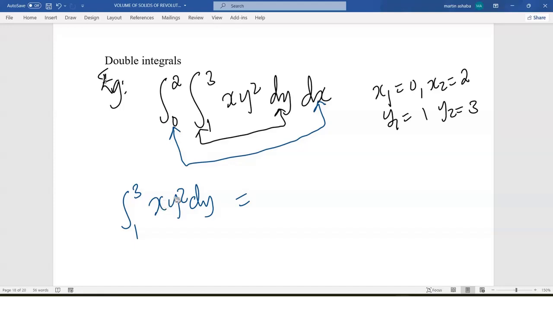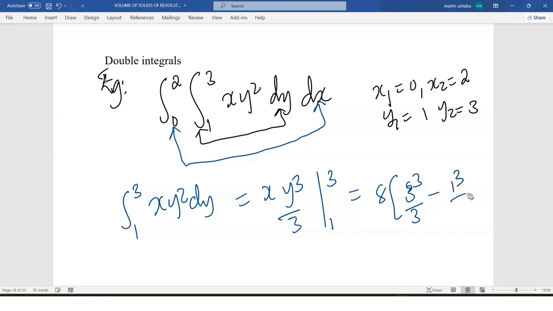I integrate this function x y squared with respect to y, keeping x a constant. So this becomes x y cubed out of 3 from 1 to 3. This becomes 3 to the power 3 out of 3 minus 1 to the power 3 out of 3.